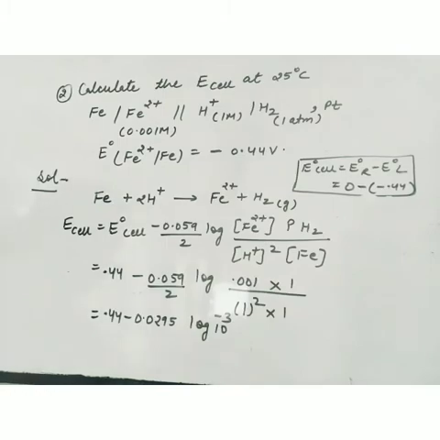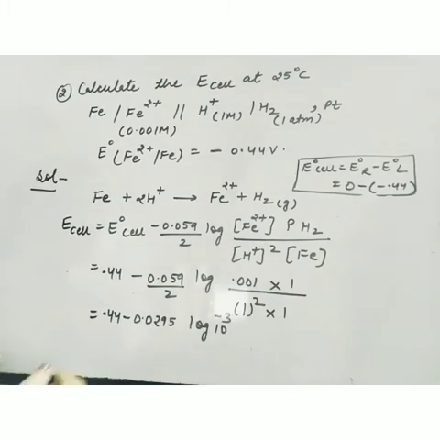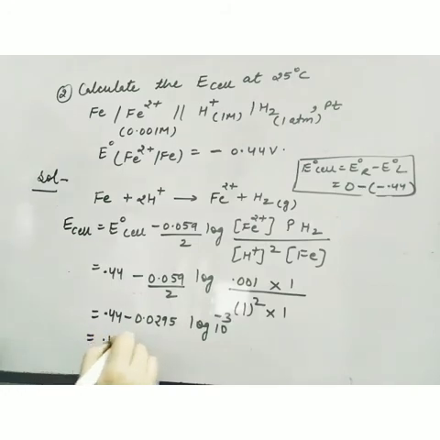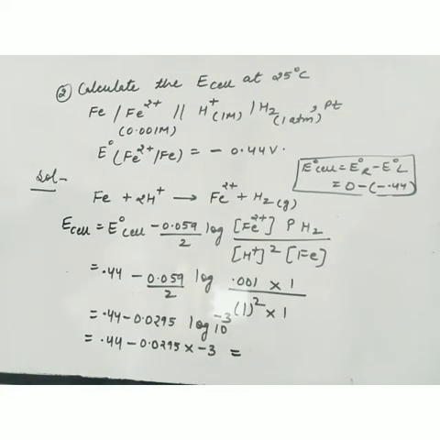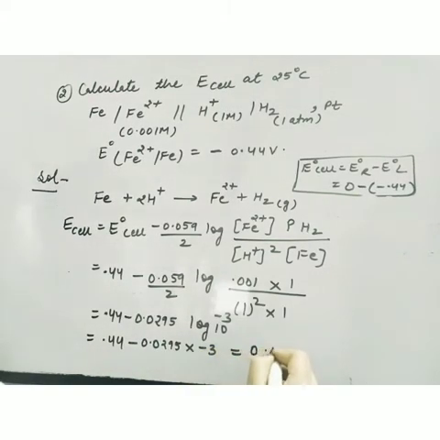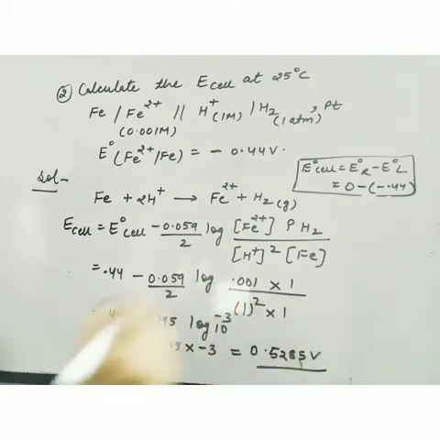It is minus 3 log 10. Okay, and log 10 is 1. So minus minus will get plus. So what is the final answer? The final answer of this will be 0.5285 volt. Okay.